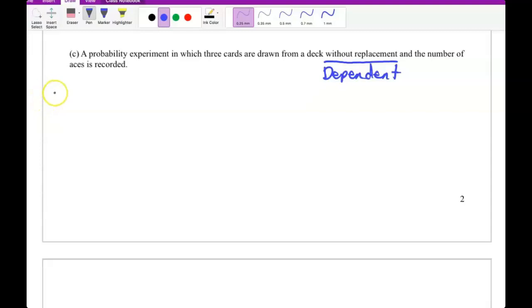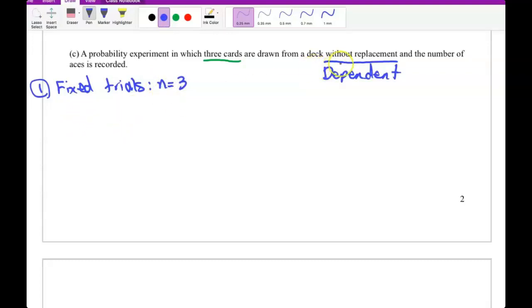Okay, so starting from the first step, we should have a fixed number of trials. Here we have 3 cards, so n is 3.